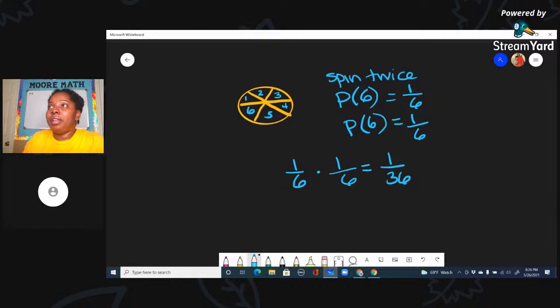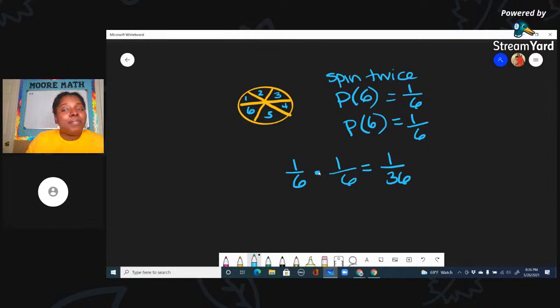The probability that when I spin something it's going to land on the same number twice is a very low probability, right? The chances are I'm going to spin a different number in the second try, right? So the chance of this thing happening back to back is very small. So what we do is we multiply this.